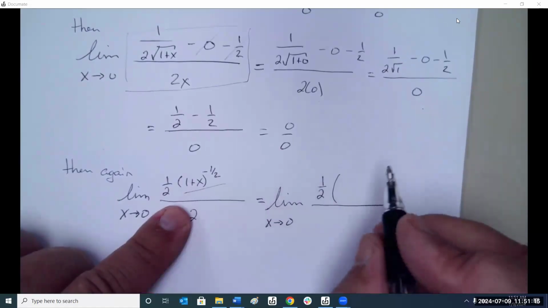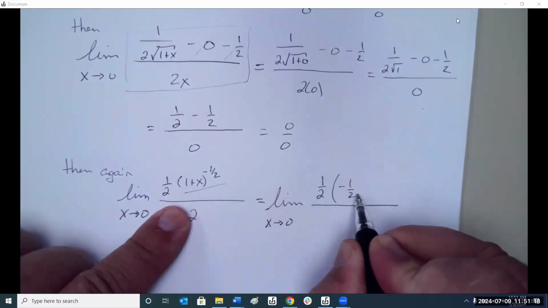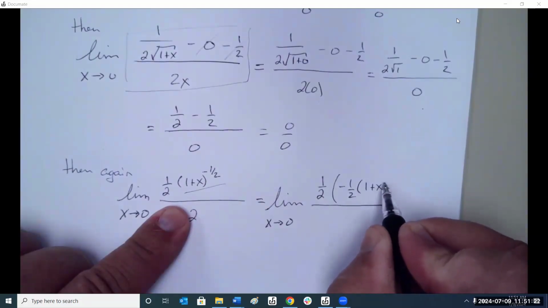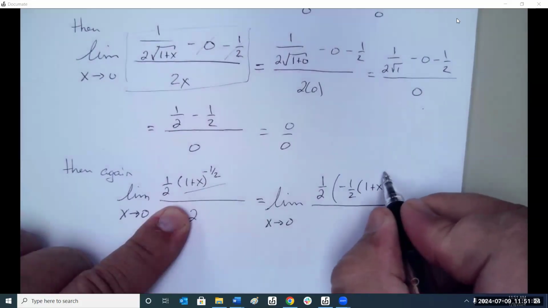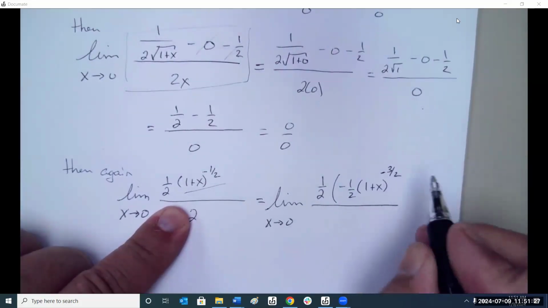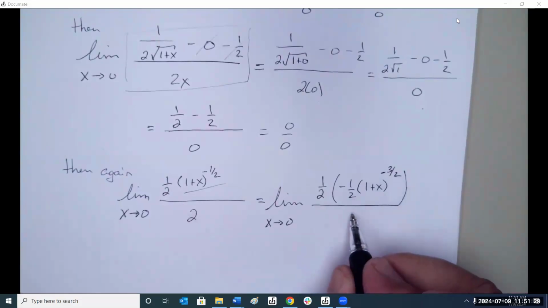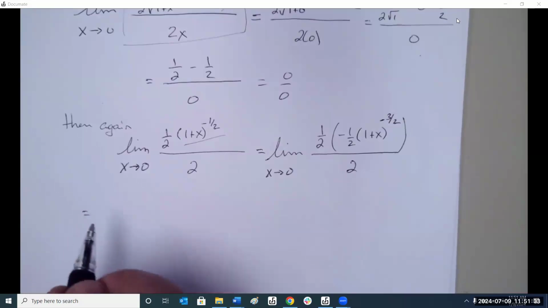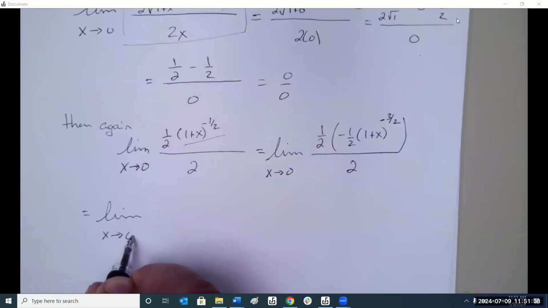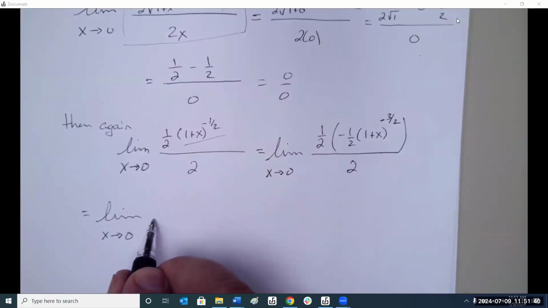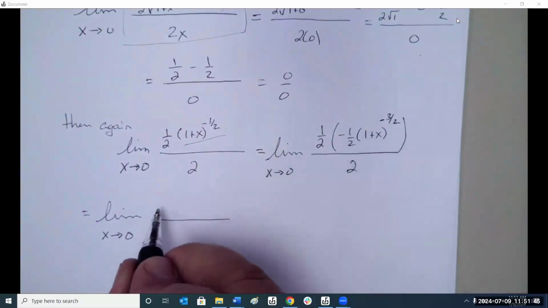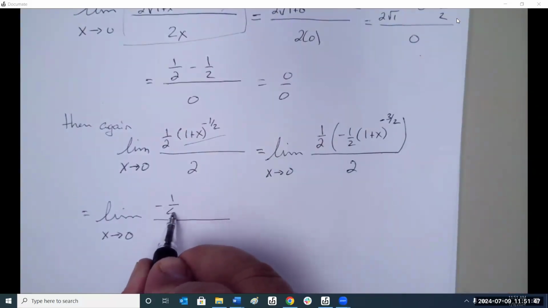Take the derivative of this, negative 1/2. 1 plus x, subtract 1 makes it negative 3 over 2. 1/2, so it's negative 1/4.